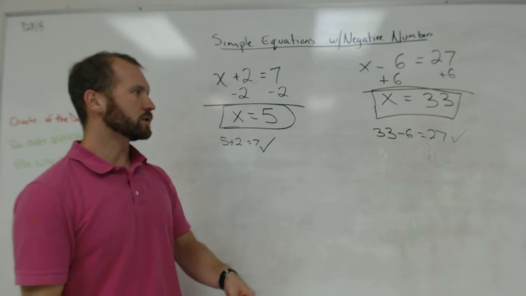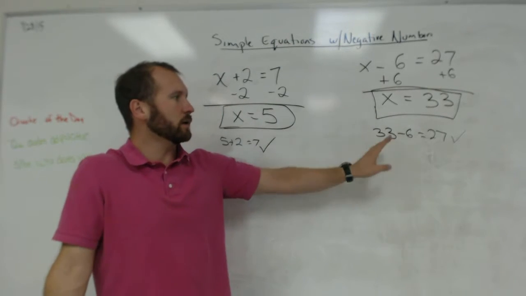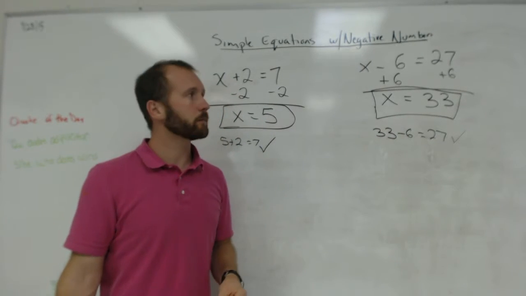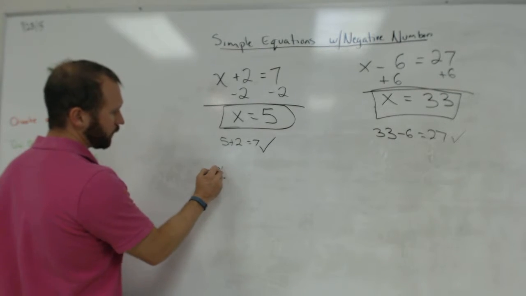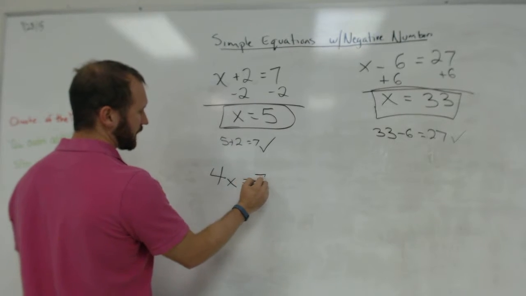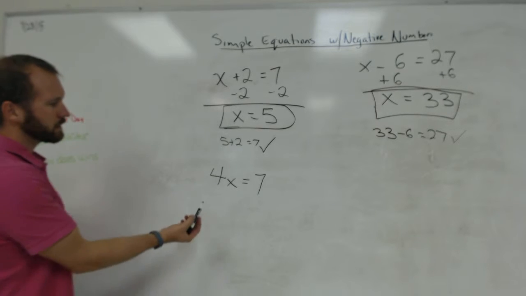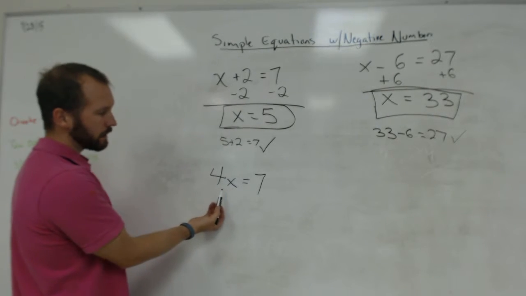I would also encourage you to check these with a calculator when you're doing your homework. Just plug it back in and use a calculator and say 33 minus 6 to see what you get. Alright, let's say I had 4x equals 7. First of all, 4x means 4 times x.